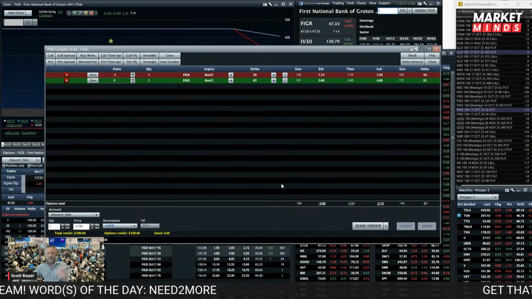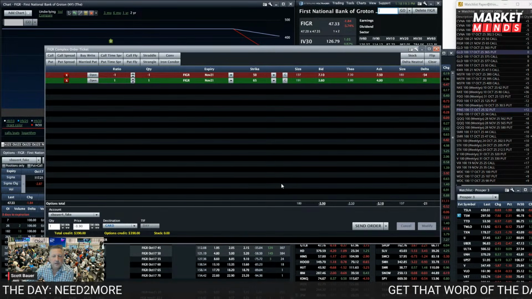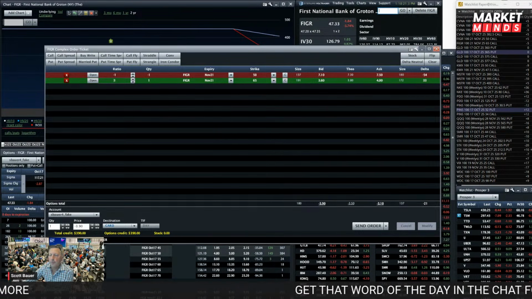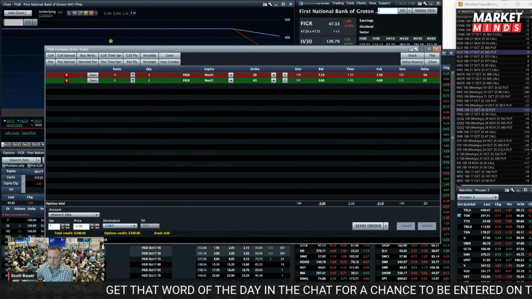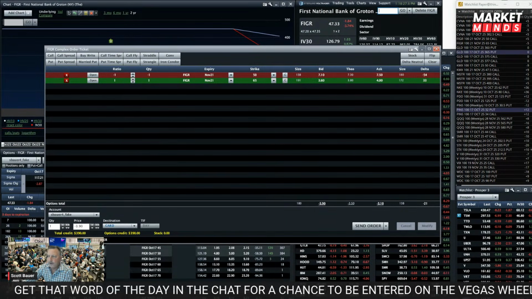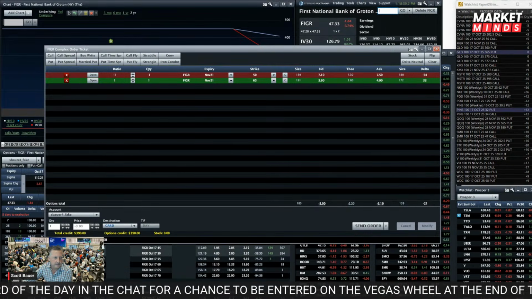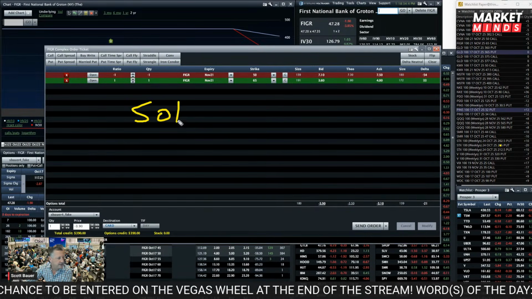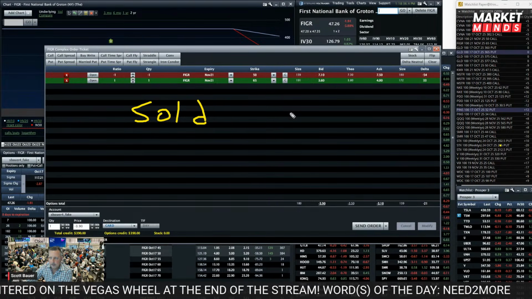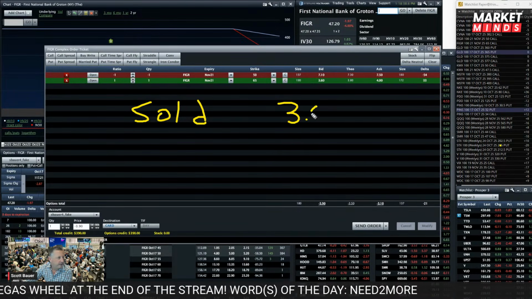How would we calculate what our risk is on something like this? Let's say we had sold this, because remember, this is a credit spread. So we had sold this for $3.